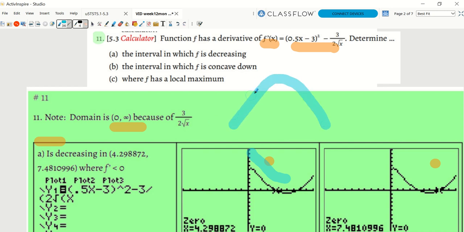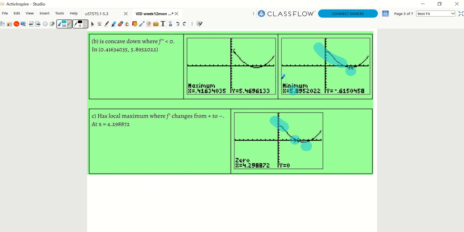If this is the graph of f, and here you can clearly see it goes from positive to negative here to here. So we find that x-intercept value, and that is where your maximum is going to be.